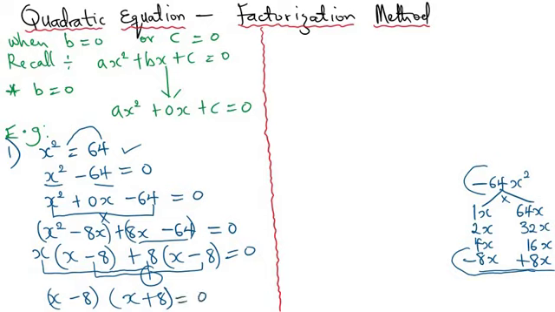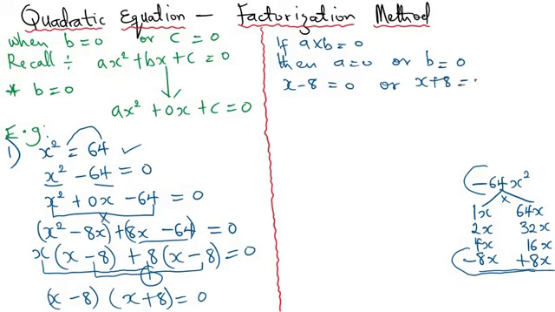Now from the rule of factorization, if a times b is equal to 0, then either a is equal to 0 or b is equal to 0. So this becomes x minus 8 equal to 0 or x plus 8 equal to 0. So collect like terms from both sides.